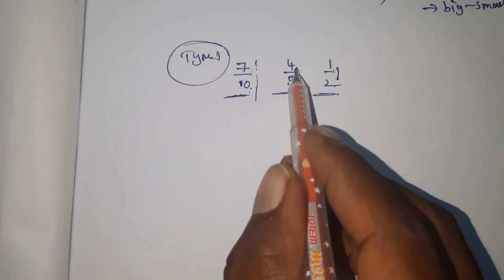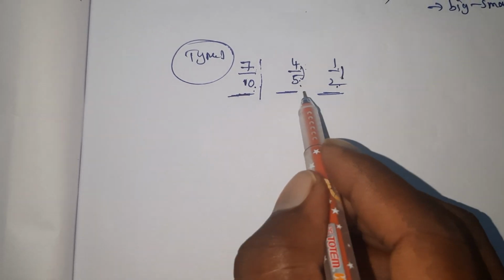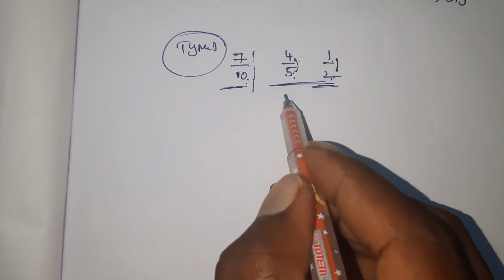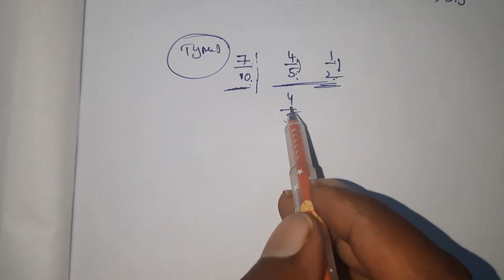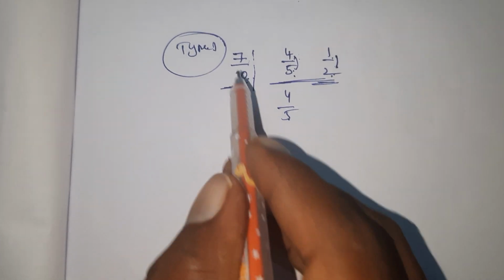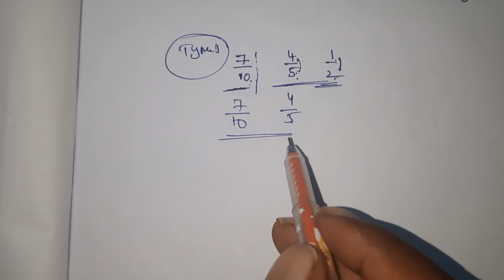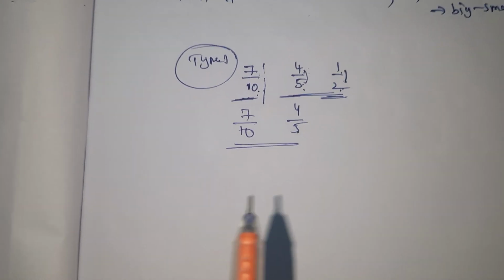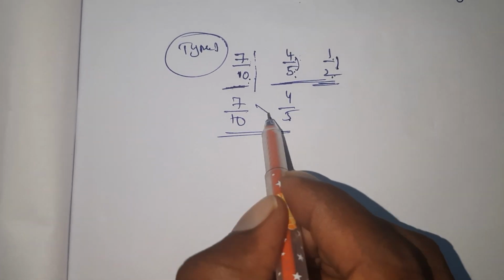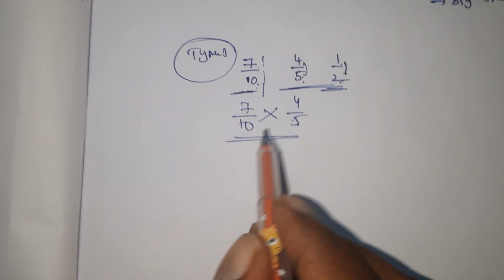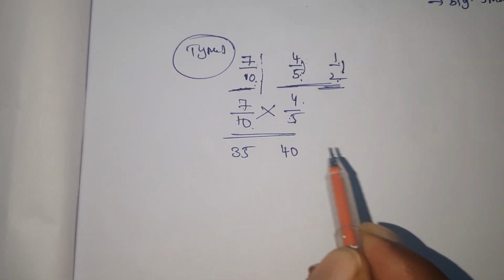Okay, when we compare 4 by 5 with respect to 1 by 2, which fraction is more? 4 by 5 is more, 1 by 2 is less. Now compare 4 by 5 with 7 by 10. Between these two fractions, which fraction is more? Then how can we do it? See here. Simply cross multiply. 7 into 5, how much? 35. 10 into 4, how much? 40.